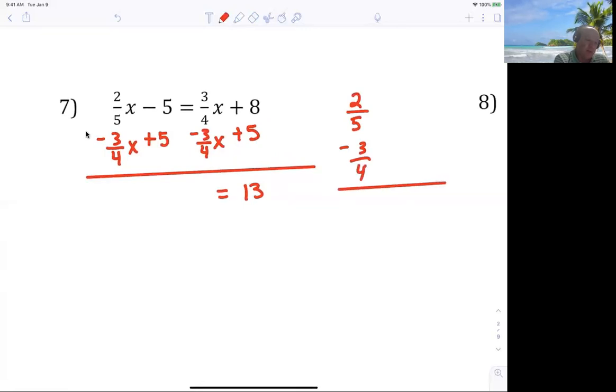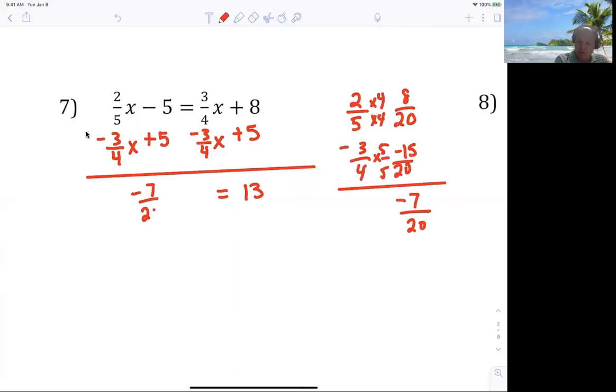Common denominator, hopefully you see, is 20. Multiply by 4, 8 over 20, multiply by 5, -15 over 20. So 8 minus 15, -7 over 20. So -7 over 20x equals 13.